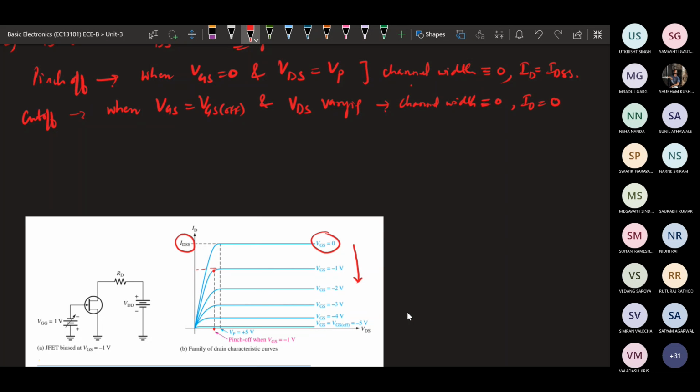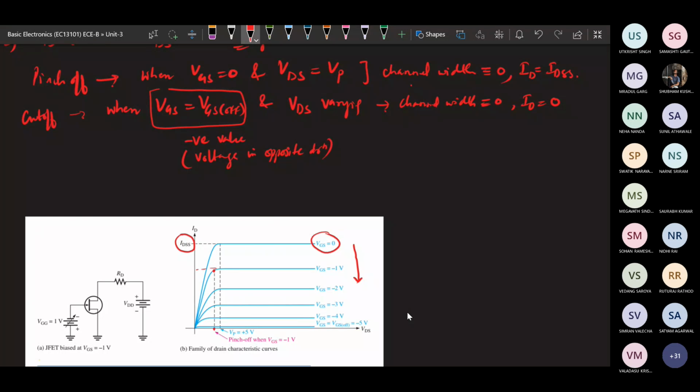But these two points are generally used interchangeably. That means this is the VGS value, and the VGS value is in the negative direction. Whatever VGS value there is will be a negative value, the voltage in the opposite direction.